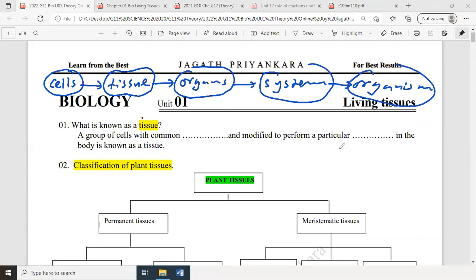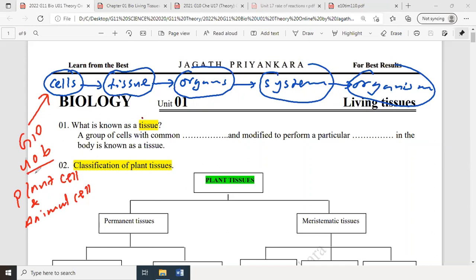In grade 10 you have done unit 6, plant cell and animal cell. Now tissues you are doing in grade 11, unit 1.